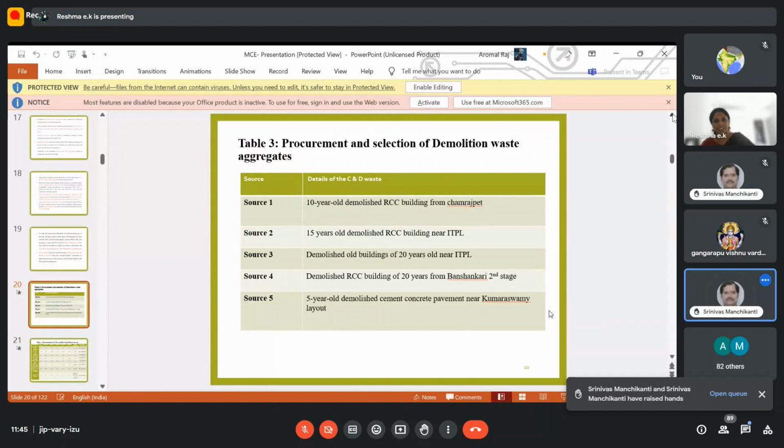Yeah, I can. Sir, when I inquired about the source, this is a building that was demolished, and the owner was there. So I could ask them and understand that it is a 10-year-old building. I got to know the year because I contacted the owner or some other person.